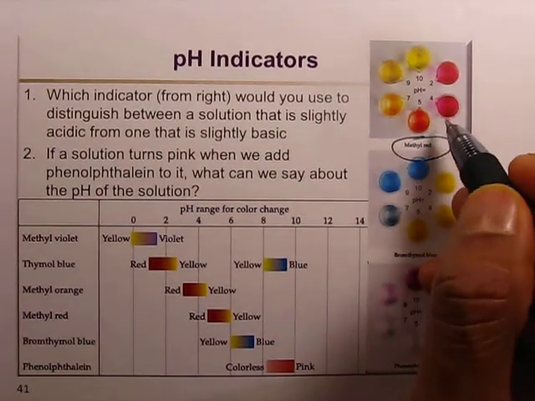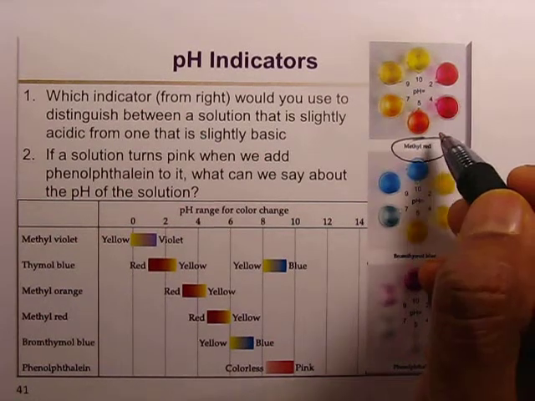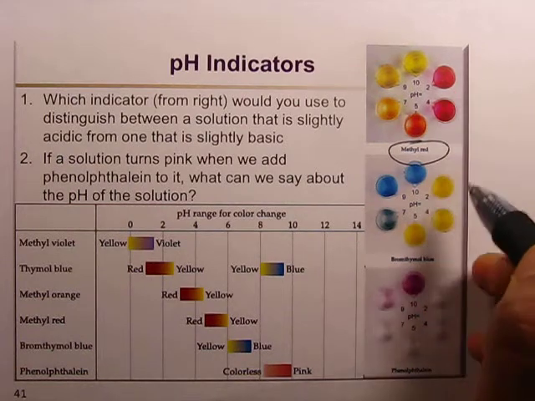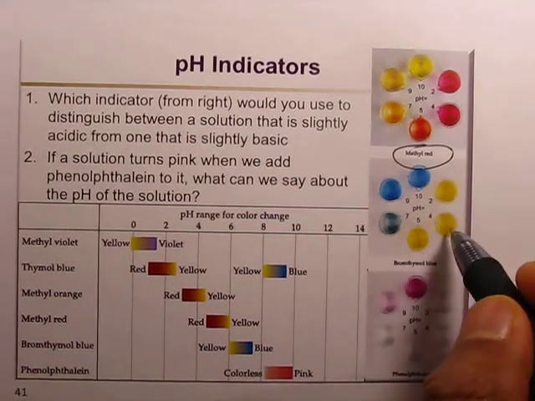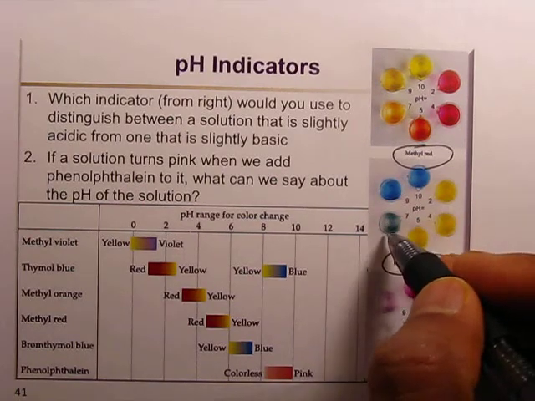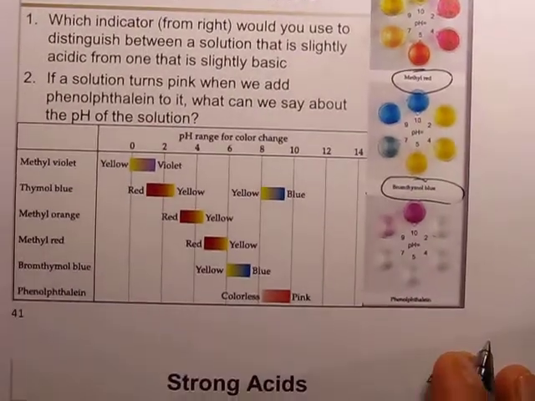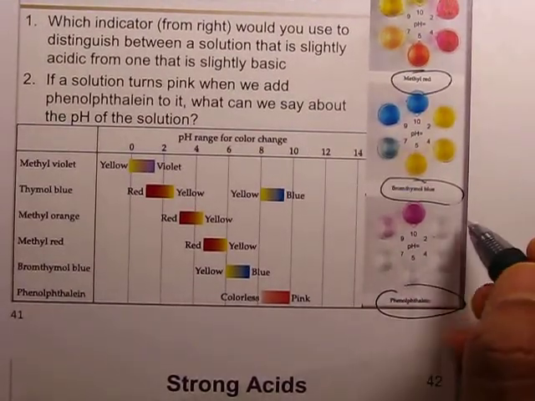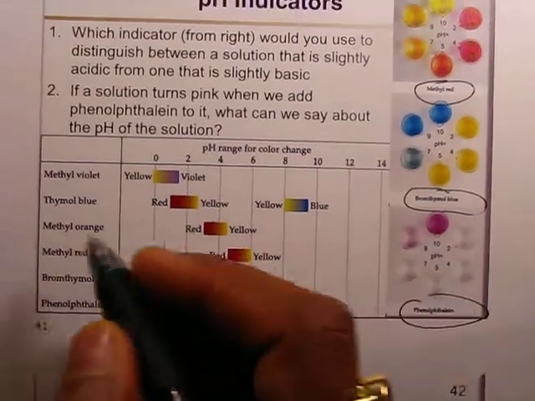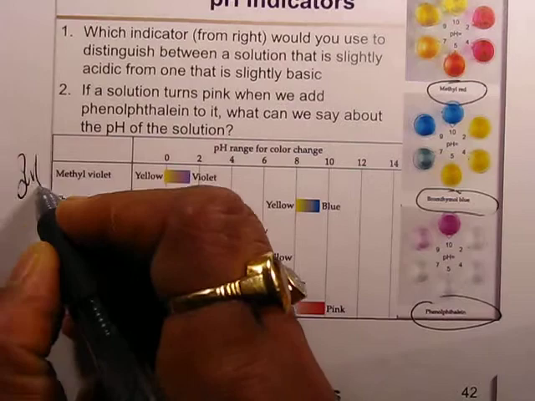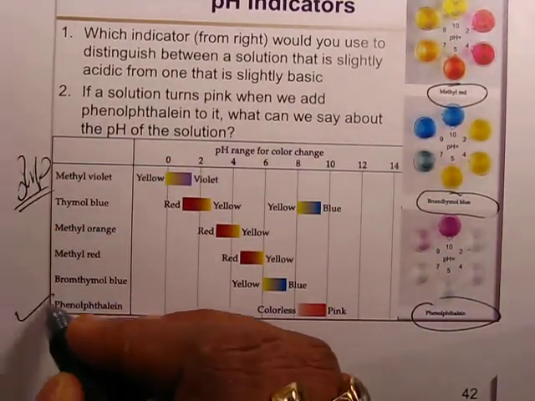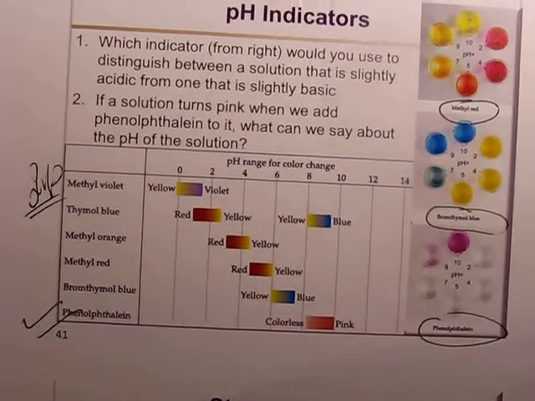It shows the conversion from 7 pH is yellow, 2 acidic is red. Then bromothymol blue is yellow in acidic and blue in basic. Then phenolphthalein is pink or purple in basic condition. So these are some important pH indicators and their ranges. You have to memorize this, or just remember you will be using this.